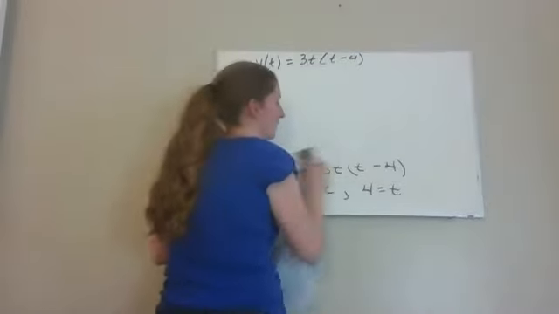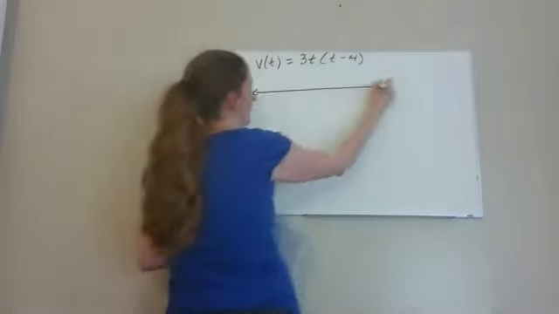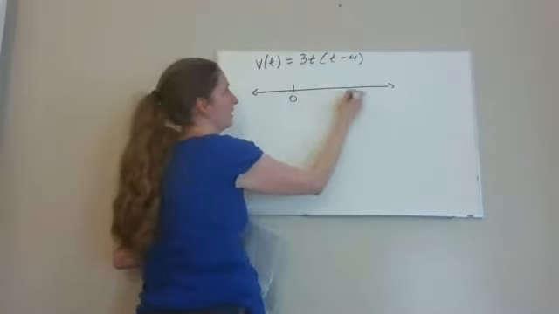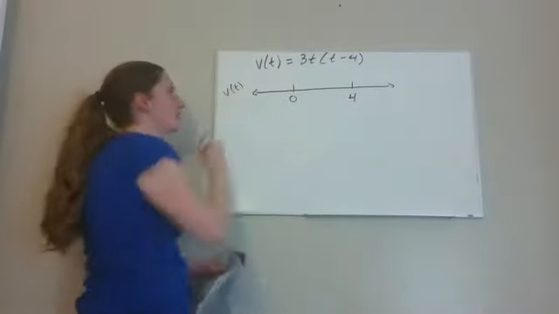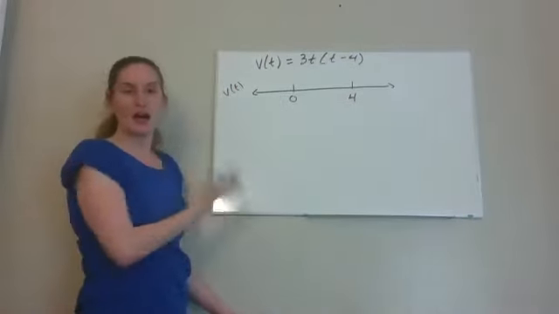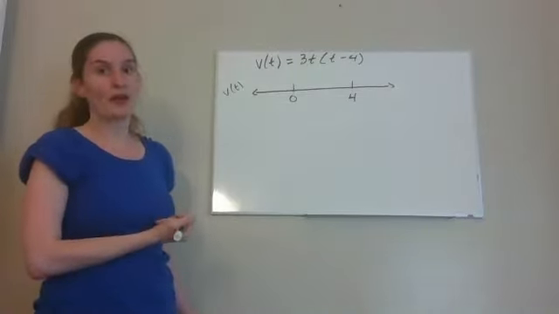And we just found that the velocity was 0 when our time was 0 and 4. And so I want to check numbers on this number line on either side of my critical values to see if my velocity is positive or negative.